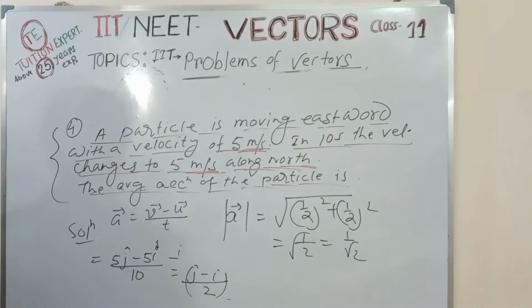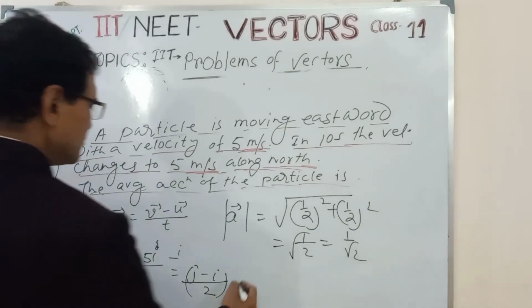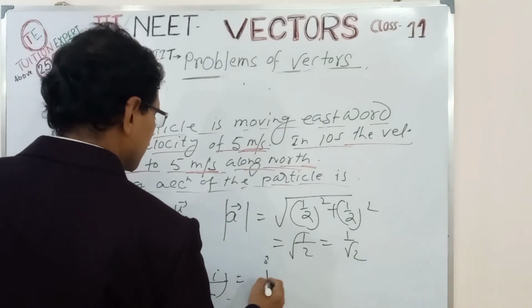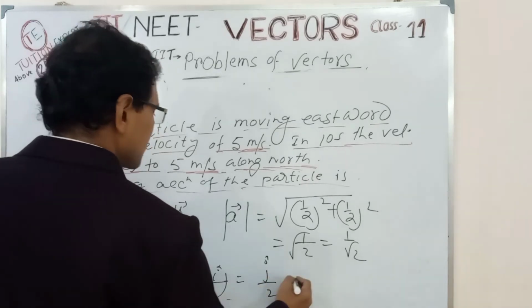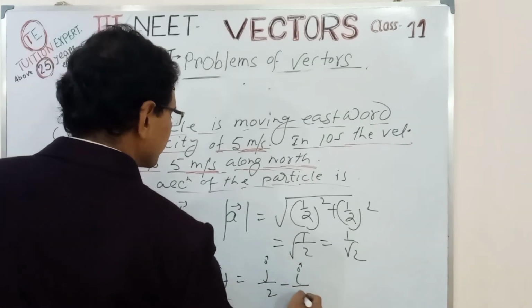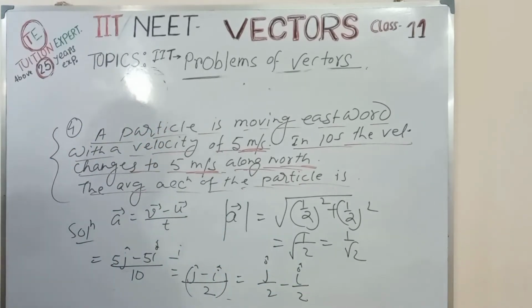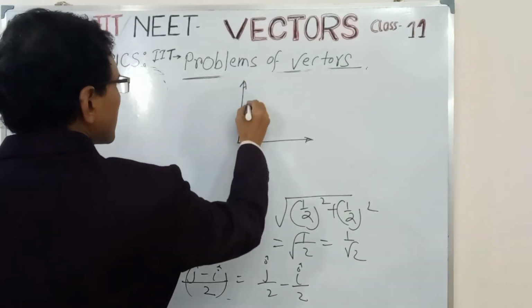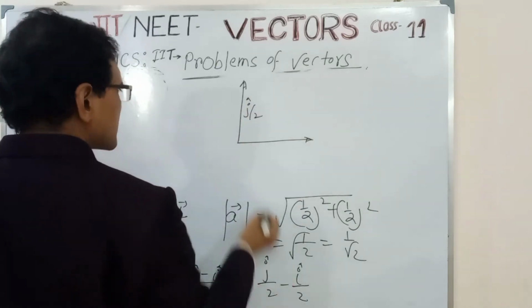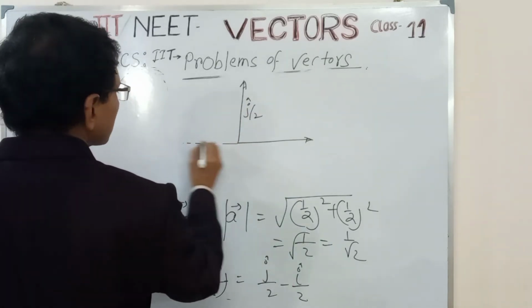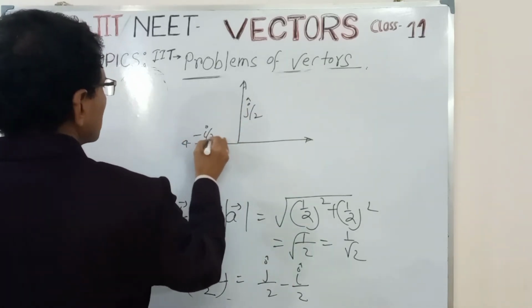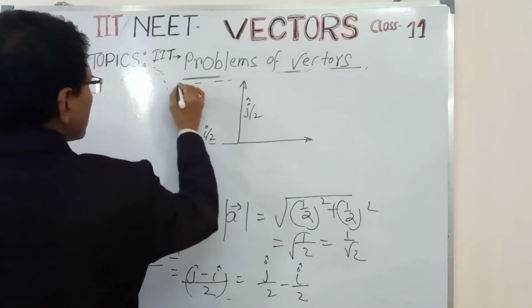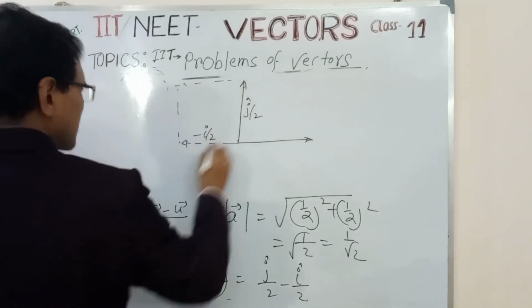Now what is the direction? Direction is important. This becomes j by 2 minus I by 2. What is the direction of this vector? J by 2 is along this direction and minus I by 2 is along this direction. So the result of this is along this direction.